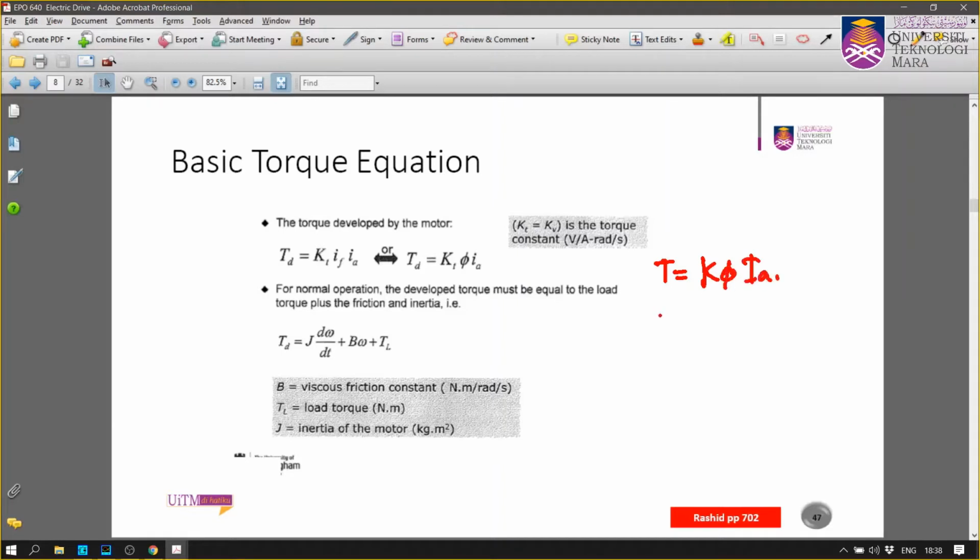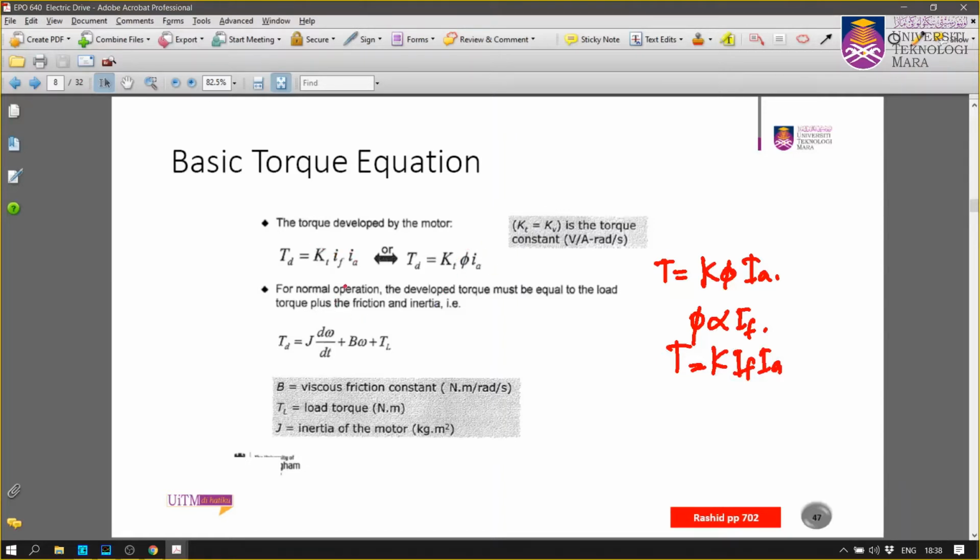Is it? So flux is proportional to IF, and therefore you have torque equals K IF IA. Okay, so you have this equation, and also you have this KT flux IA.